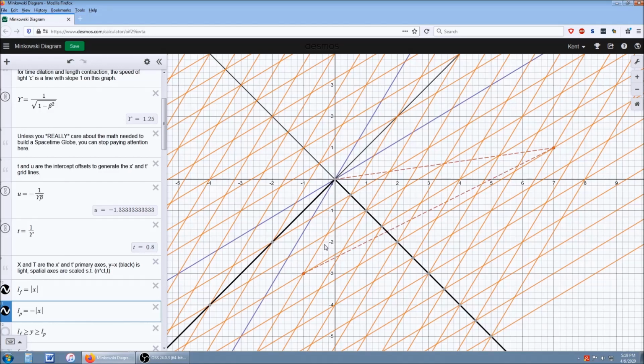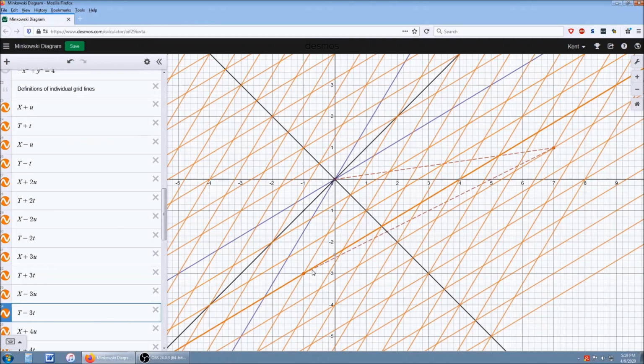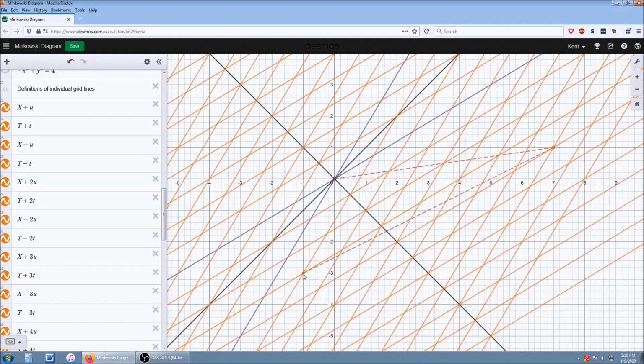And what's even more interesting to me is that this is 3 seconds in the past for the rest frame, and it's 1, 2, 3 seconds in the past for the moving frame as well, this particular point right here. They agree on when this event occurs. They don't agree on where, but they agree on when. And that's because I have traveled backwards in time in my moving frame with my original signal, and then I've traveled backwards in time in my rest frame with my moving frame's faster than light signal.